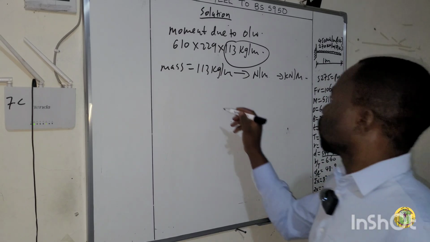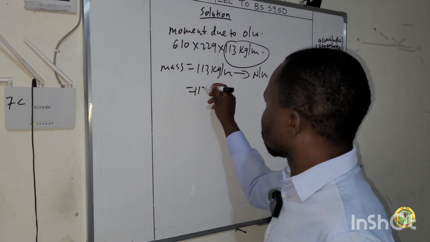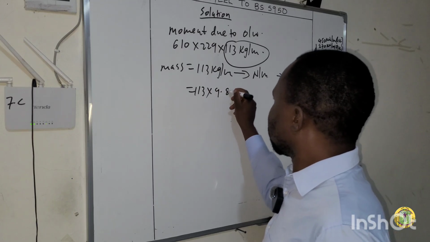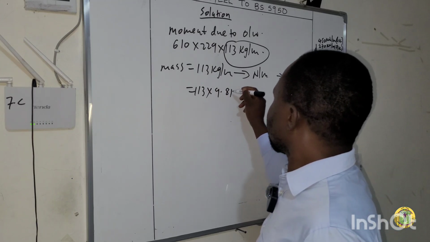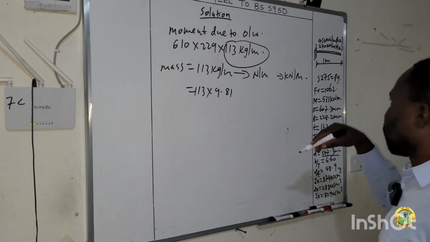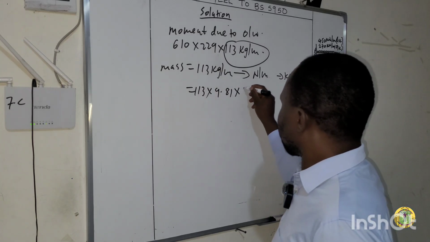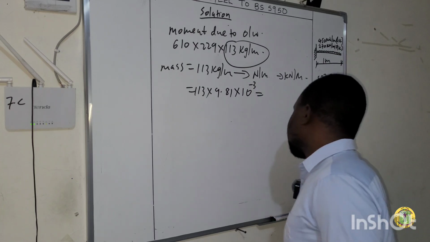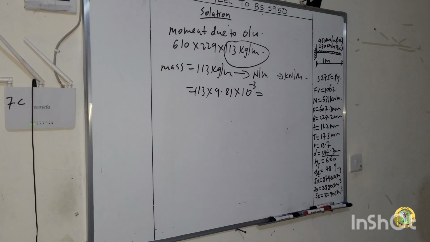So you take 113 times gravitational acceleration, which is 9.81. Then by doing so, our answer will be in Newton per meter. Then we will multiply by 10 raised to the power negative 3 to obtain our answer in kilonewton per meter.